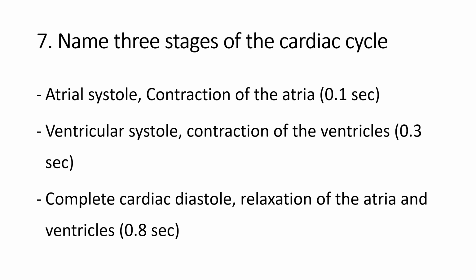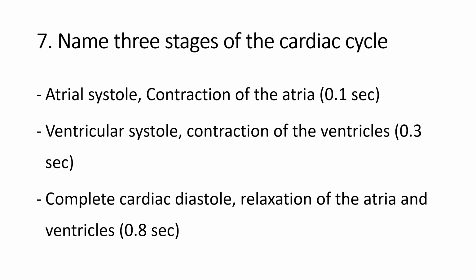Remember that this is because there must be transmission of the electrical impulse from the atrioventricular node to the atrioventricular bundle to the Purkinje fiber. So it is of course the long journey.